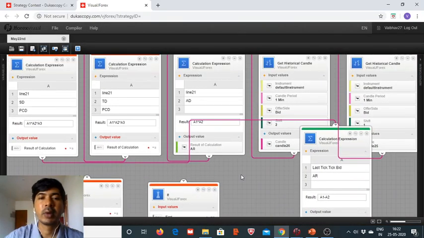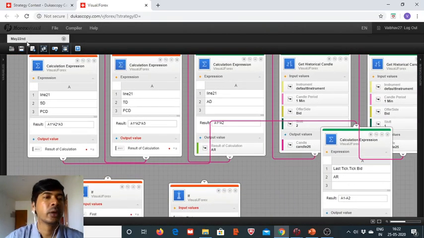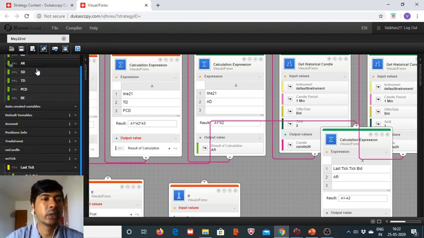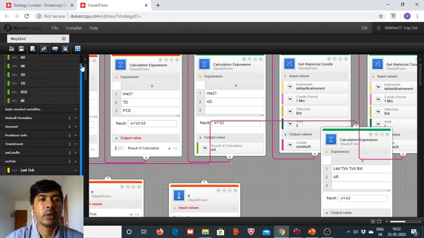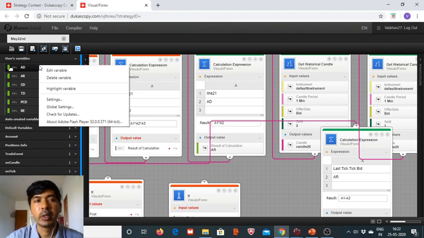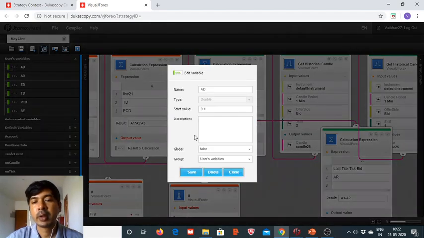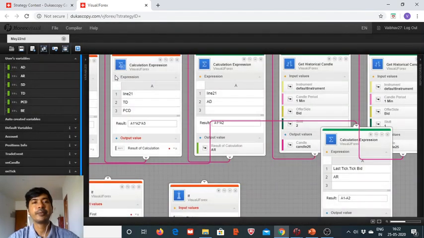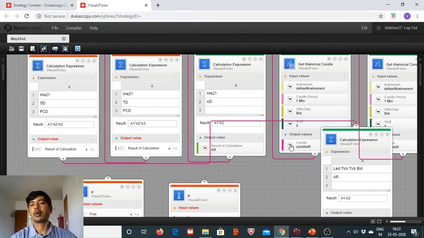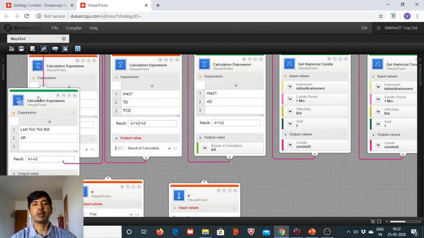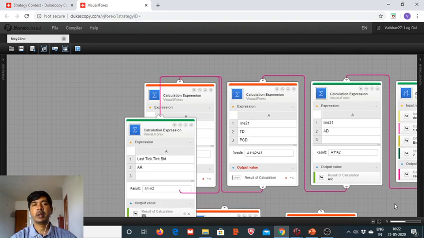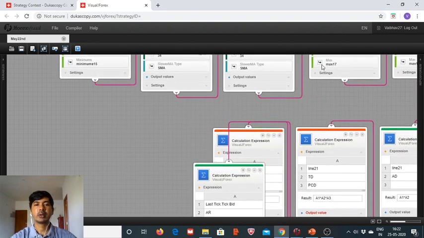Let me once again check the ATR formulation. The ATR was defined at 1.0, and yes, that is right. And for the sale trade, we can simply add it instead of doing the subtraction.